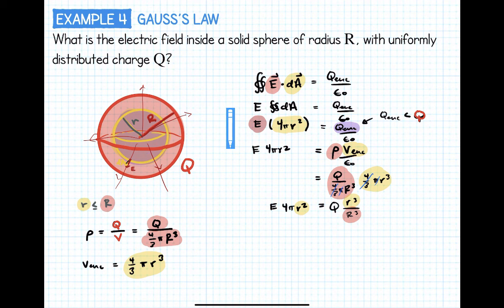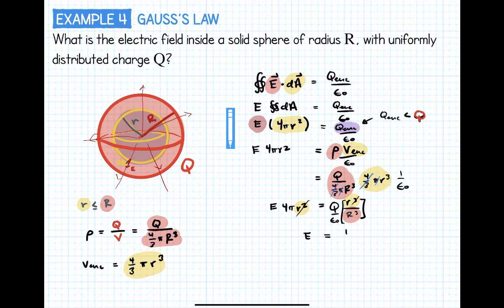And just to clarify, remember we said that we would have a fraction of Q. We know little r is less than big R, so that's going to be less than 1. That's what we expected. But we also need to cancel some of these r's, so we end up with E. Oh, and I lost an epsilon naught here. It should be over here too.